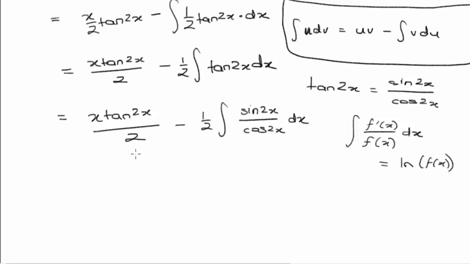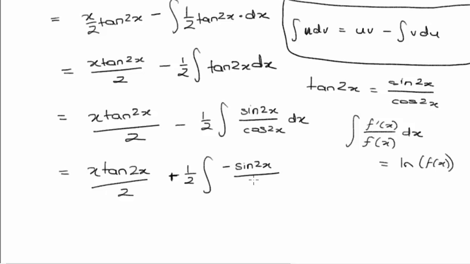So how are we going to adjust the integral so that we can make it into this form? What we can do is, first of all, we can chuck the minus into the integral, because the minus is simply a constant, minus 1. So we'll convert this back to plus half, and then we'll just chuck the minus in there. And so we're almost there. Now what we really need is a 2 in front of the sine 2x.